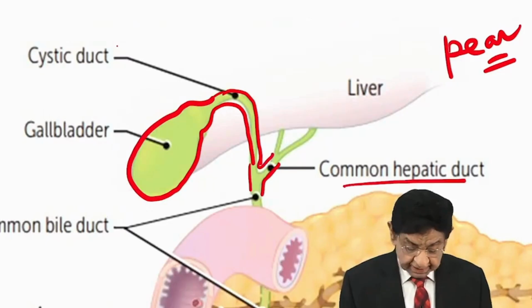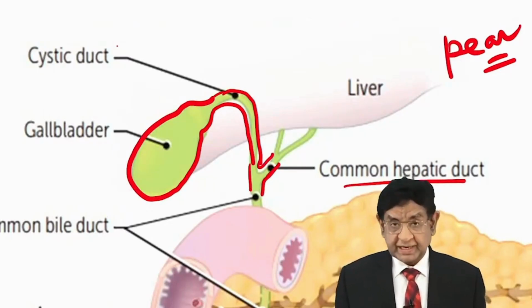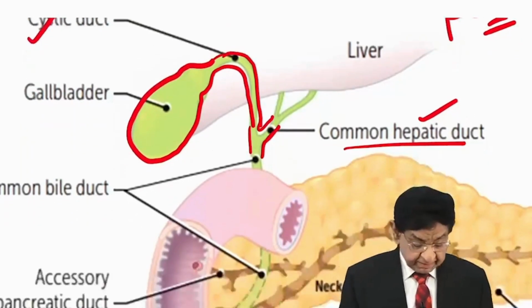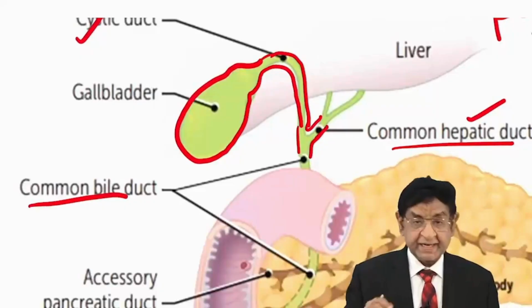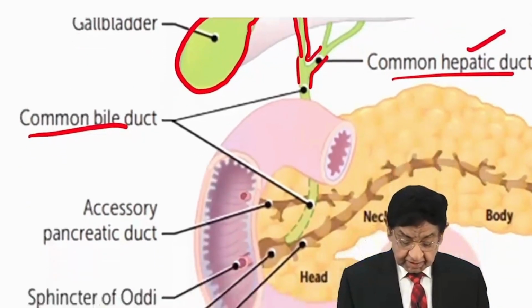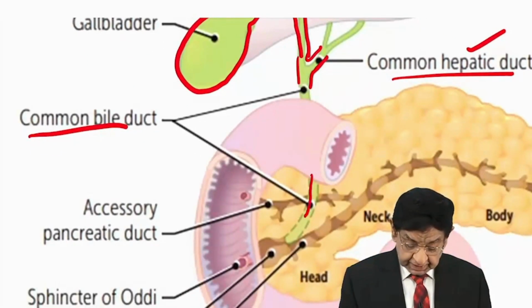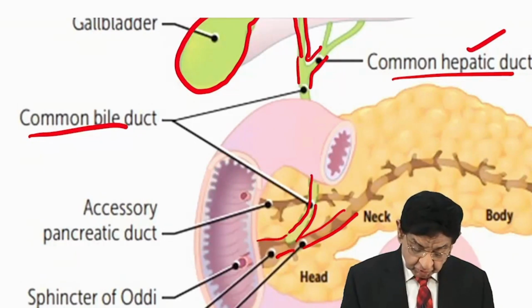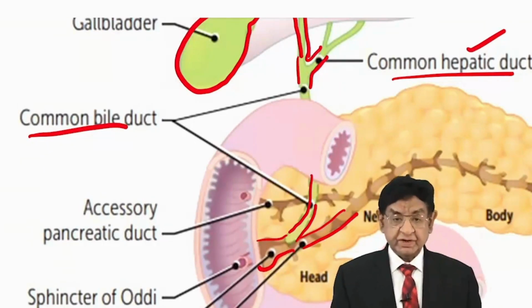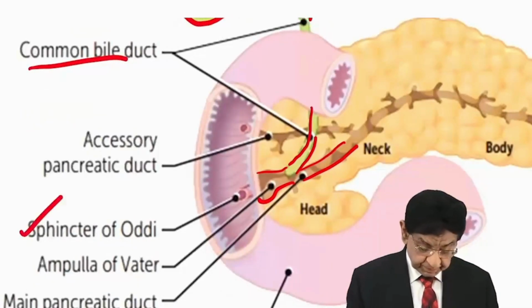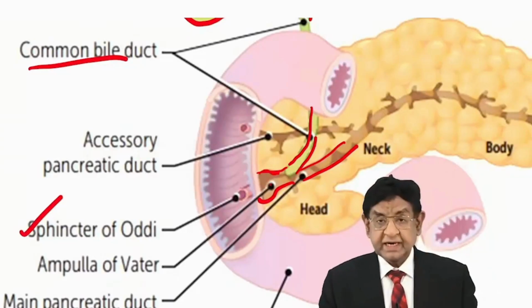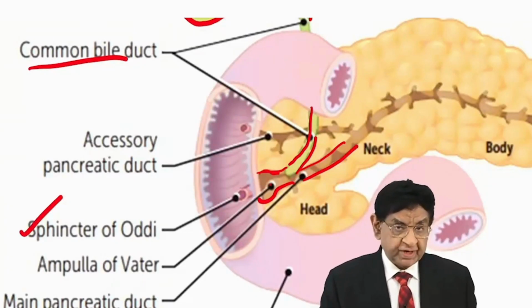Once the cystic duct combines with the hepatic duct, that makes the common bile duct, and this common bile duct unites with the pancreatic duct, and finally this duct opens into the sphincter of Oddi. There is an ampulla of Vater, and that opens into the sphincter of Oddi.